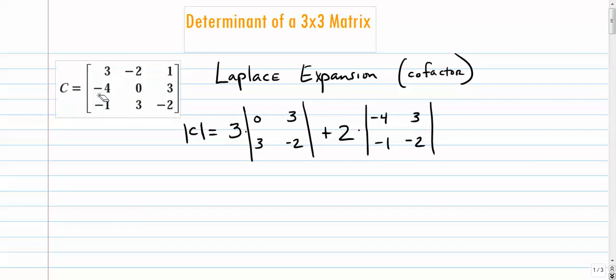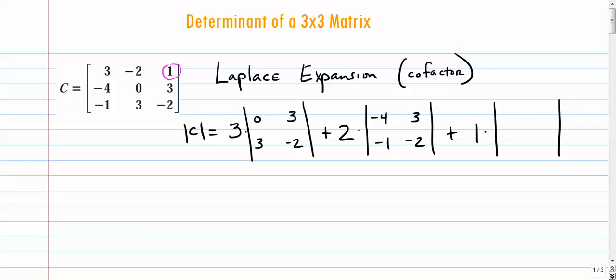And the final piece of this process is to look at the third entry right here, row 1, column 3. So we're going to write that one down, keep the sign. So the pattern here is keep the sign, opposite sign, keep the sign. That's the pattern. We'll talk more about that when we deal with the inverse of a 3 by 3. So we're going to multiply that entry by the determinant of kind of everything else.